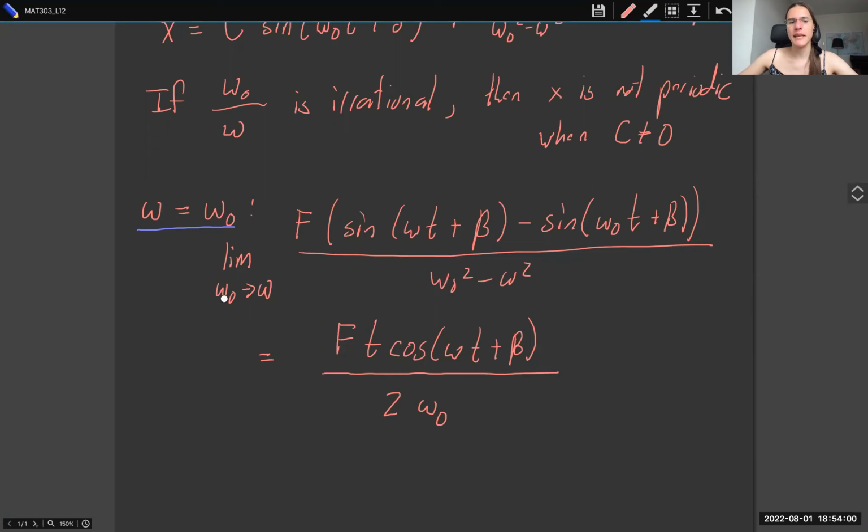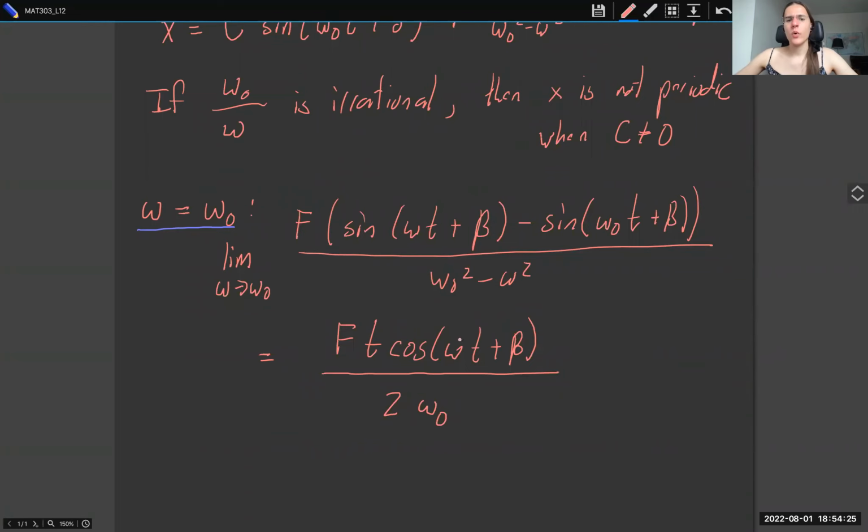So if I'm taking the derivative with respect to omega naught, then it's actually going to be this term that's affected. So it's cos omega naught t. Or you know what? Let's do it the other way around. Let's take the derivative, because omega is fixed and omega goes to omega naught. That's a bit more natural.